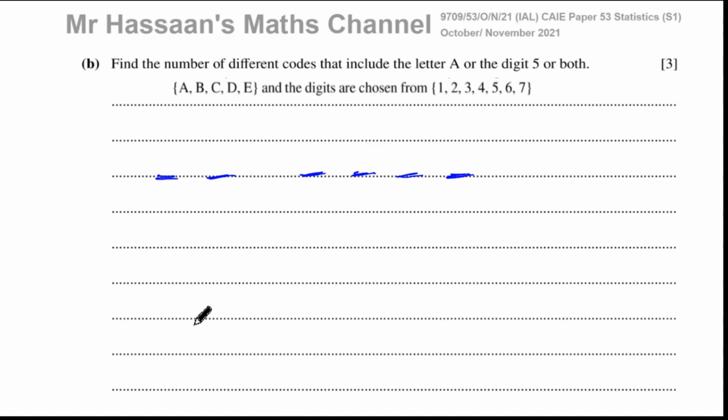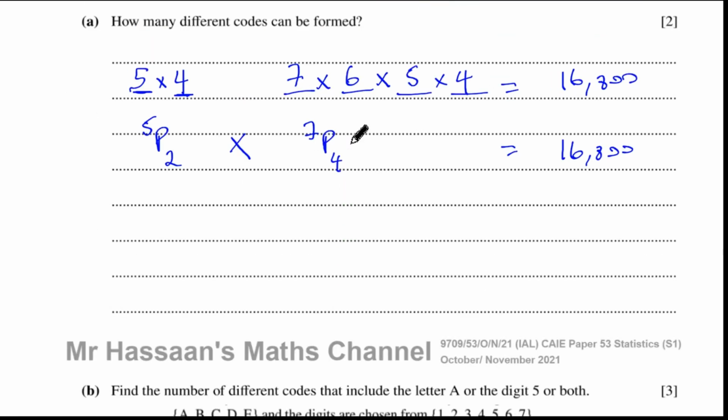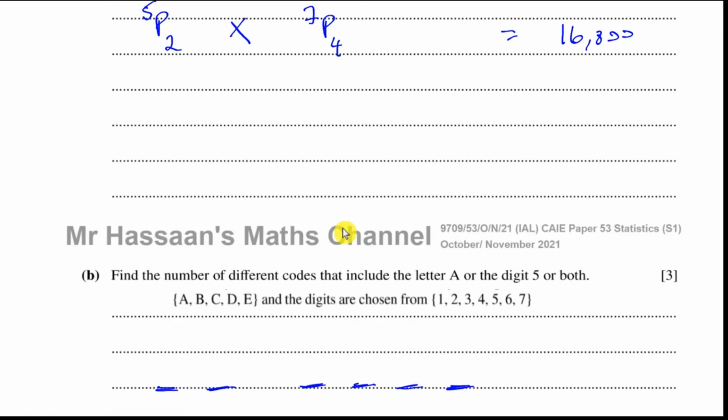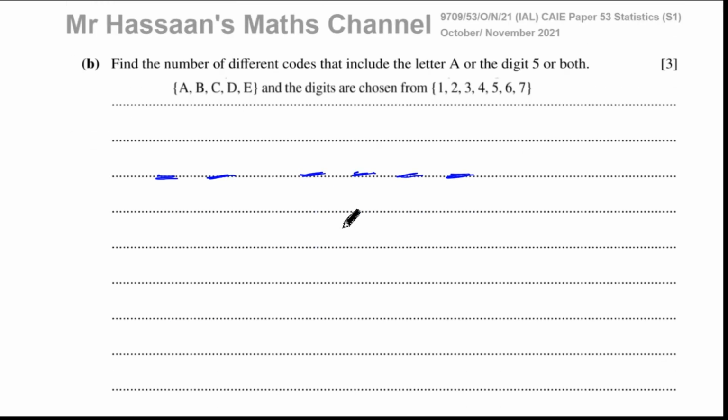Or we can do something a lot quicker: find the total number of ways of arranging them without any restrictions, which we just did, and take away the ones that don't fit the description.